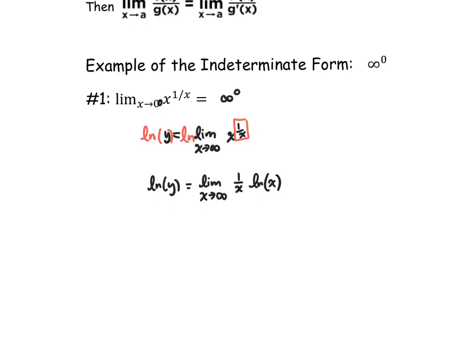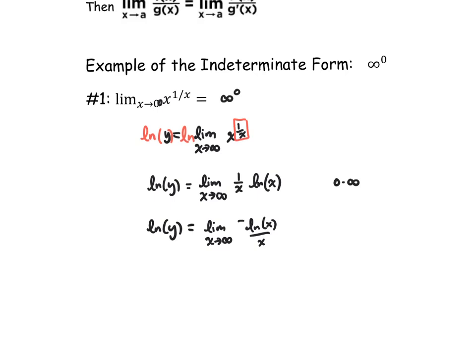Now I have the form 0 times infinity, which is pretty close to what I want. So the natural log of the value that this will approach is equal to the limit as x approaches infinity of the natural log of x, instead of times 1 over x, divided by x.